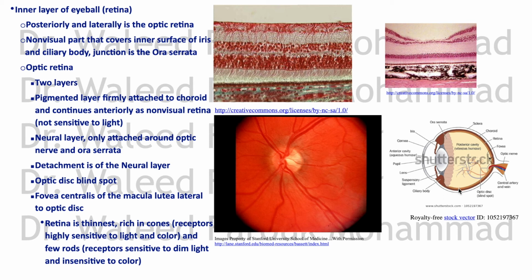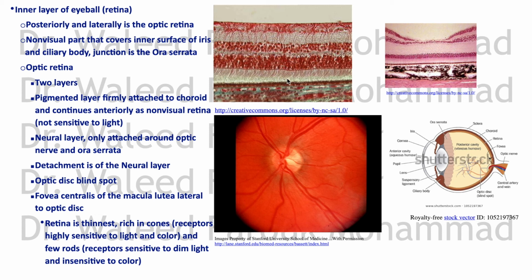The pigment layer remains adherent to the choroid. Okay, as you can see here, this is an ophthalmoscope view, or what's called fundoscopy, of the fundus of the eye. See the branches of the central artery and the veins of the retina. Here you can see the different layers of the retina, and this is the layer of rods and cones.